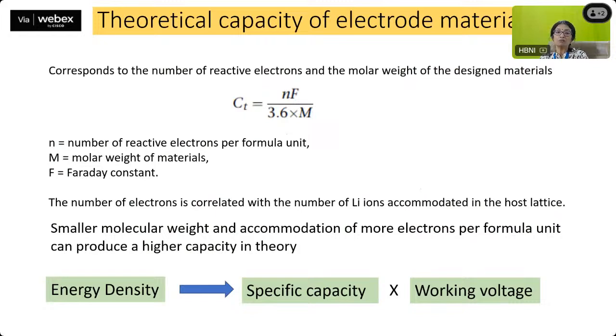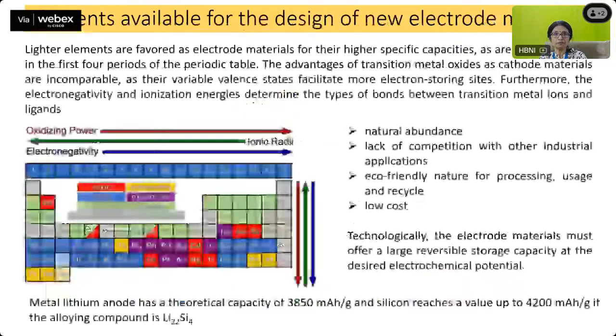Another way is to improve the working voltage, and for that you can also work on the electrolyte, because if your electrolyte has a wider stability window, then you can have materials with a higher chemical potential in the anode and a lower one in the cathode, and then you can adjust it. So two factors on which your energy density depends: specific capacity and the working voltage. This you have to remember.